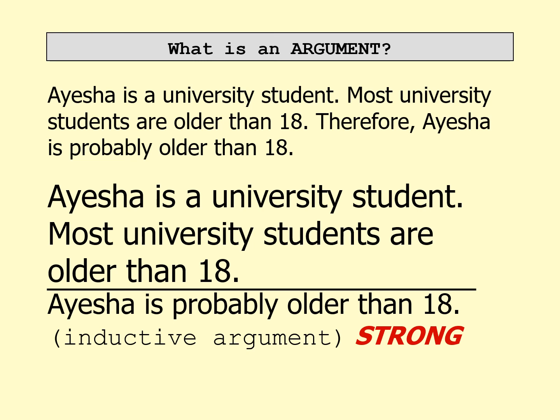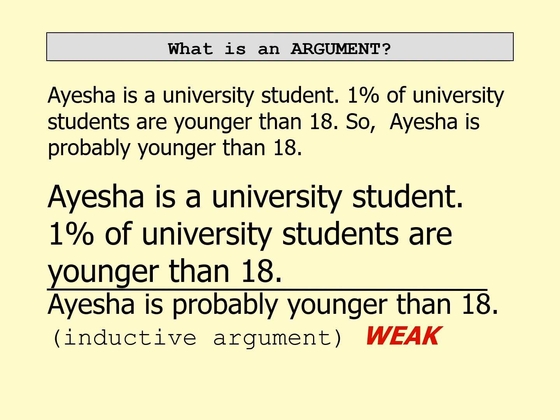It is improbable for the conclusion to be false if the premises are true. This is a strong inductive argument. It is also intuitively true. Think about it. Because if Aisha is a university student, and most university students are older than 18, then it's highly probable that Aisha is older than 18.